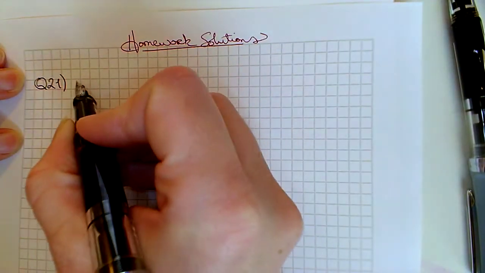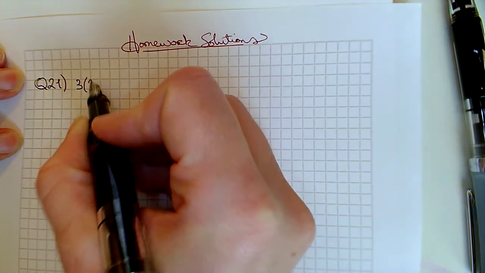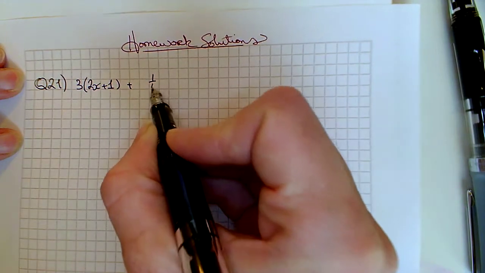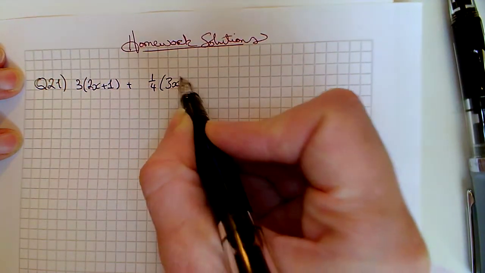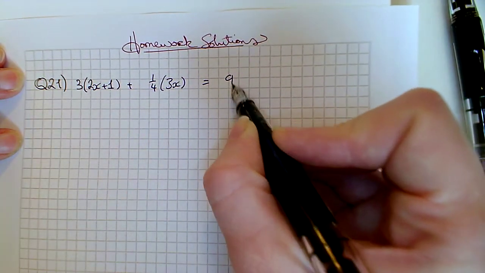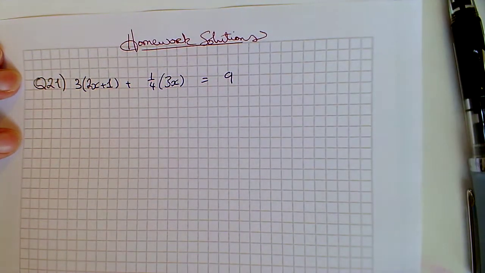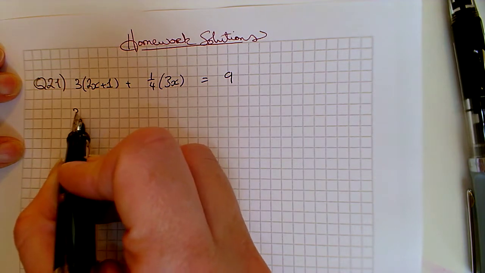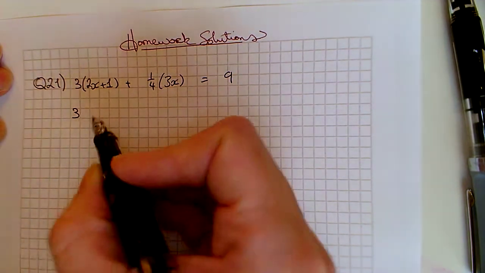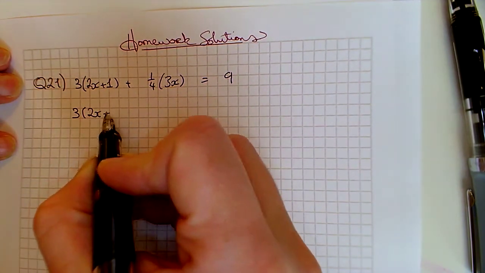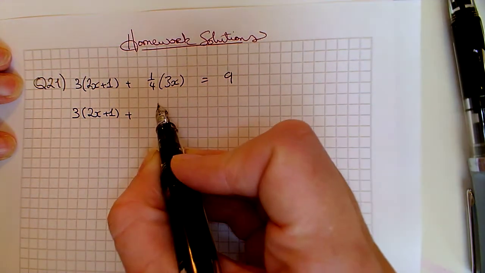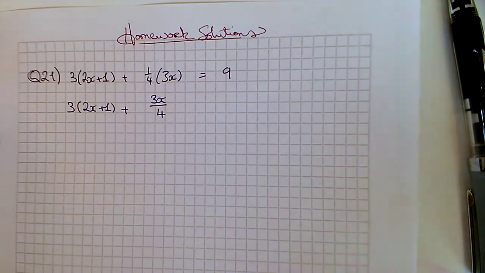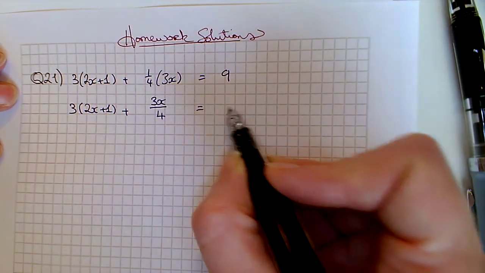Question 21, we had to solve 3 bracket 2x plus 1 plus a quarter bracket 3x equal to 9. Now, as I said before, we could get rid of the fractions at this point, but my preference is to rewrite something like this as 3 bracket 2x plus 1 plus 3x over 4, just to make it look the way we're used to seeing it, equal to 9.